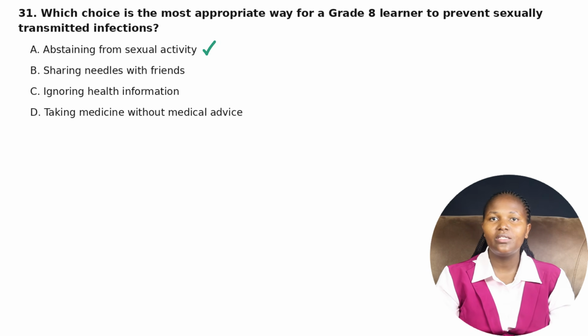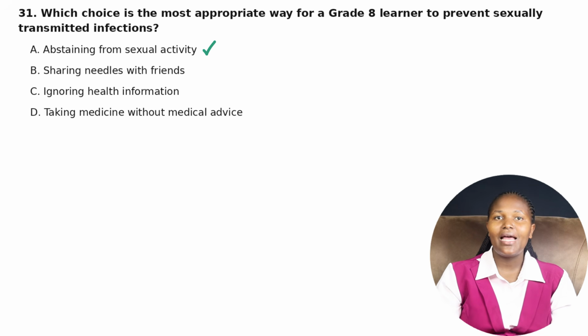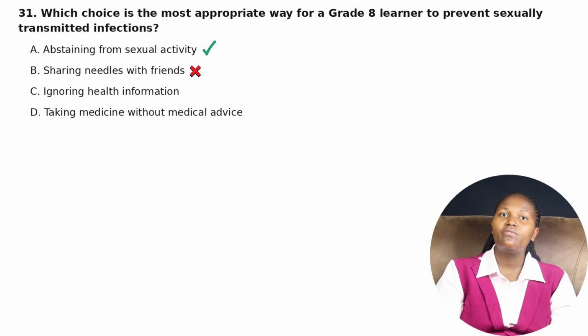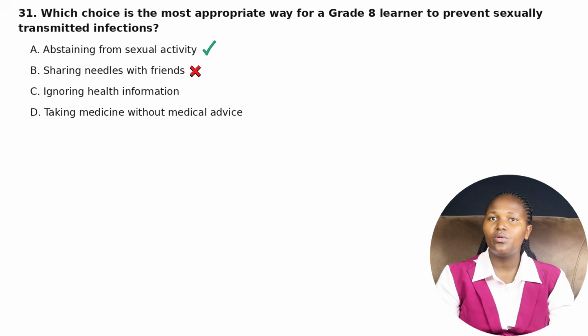Abstaining from sexual activity. For a grade 8 learner, abstinence prevents the sexual transmission of infections, and it also avoids other risks that are associated with early sexual activities. Other things like sharing needles, this is dangerous because bloodborne infections can be transmitted that way.